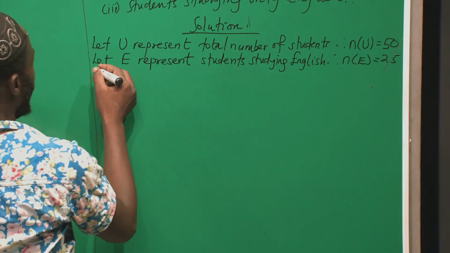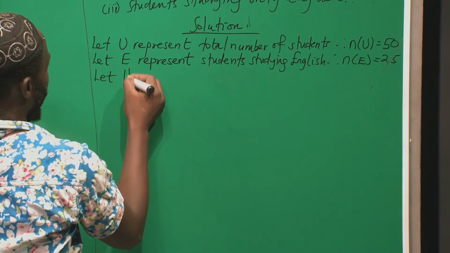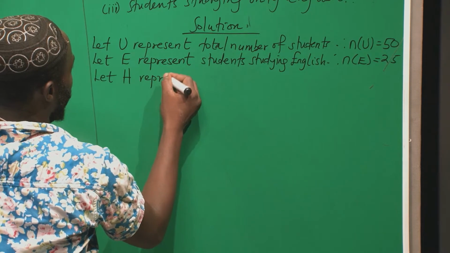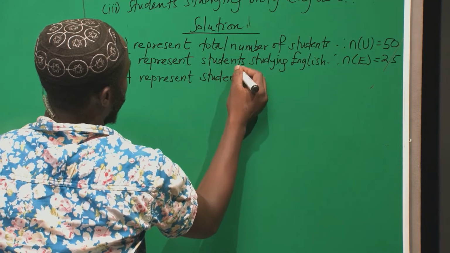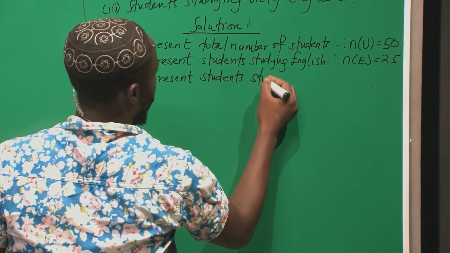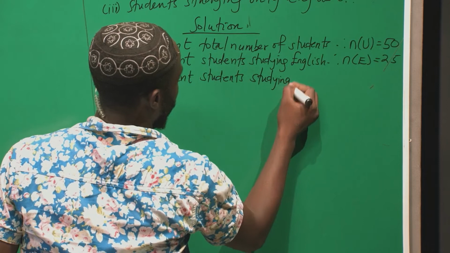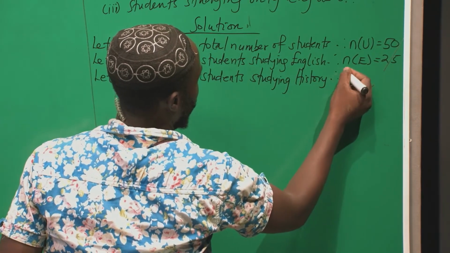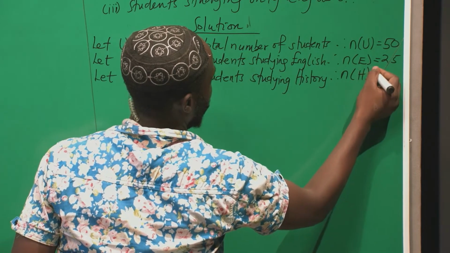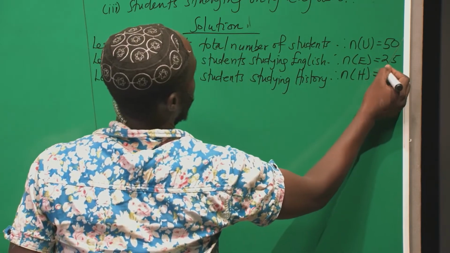So the next one is history. Let H represent students studying history. Therefore, N of H is 35.